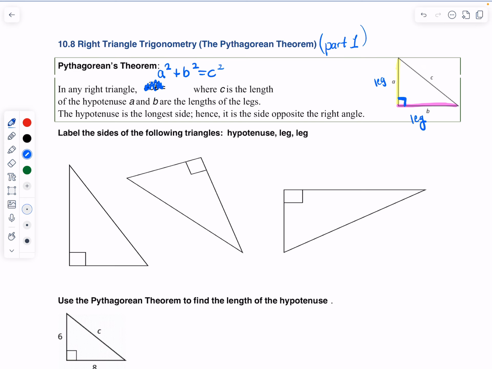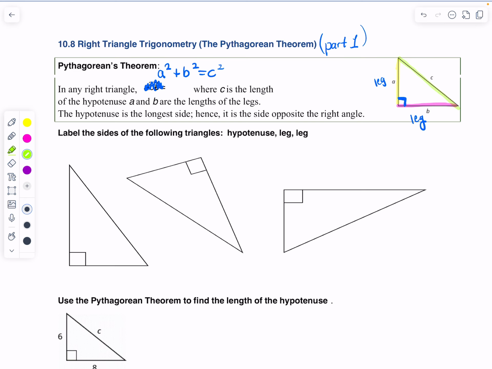So the length of the legs compose a right angle, and the side across from the right angle is called the hypotenuse, which I'm going to make green, and we're going to call that C. So if I take the length of side A and square it, plus the length of side B and square it, I get the hypotenuse squared.